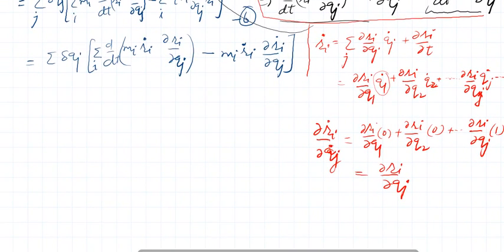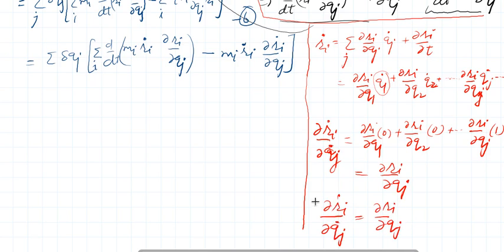What I am concluding from here is that ∂Ṙi/∂q̇j must be equal to ∂Ri/∂qj. Let us call this equation number 8.